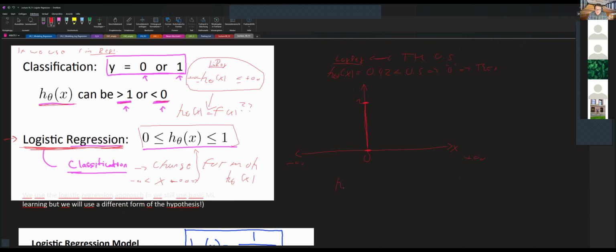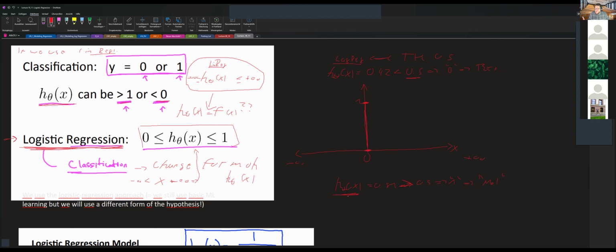And if we have a value that is, for example, 0.81, then this is larger than 0.5, which is our threshold. Again, we choose this threshold, but it's kind of common sense. Larger than 0.5, so we're going to put it into the 1, the malignant class, right?